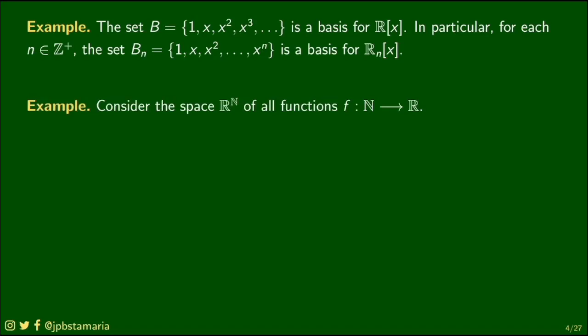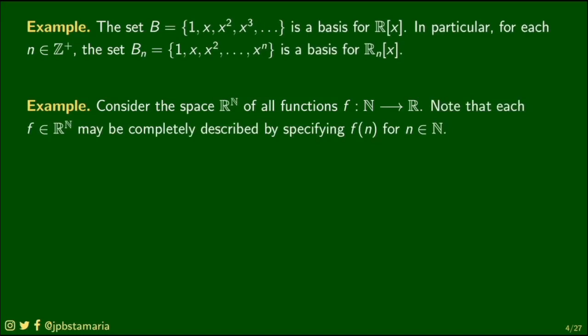If we now consider the space R^N, where N is the set of natural numbers, this space consists of all functions f whose domain is N and whose range is a subset of R. Note that each element of this space, because it is a function from N to R, may be described by simply specifying the real values assigned for f(n) for each natural number n.